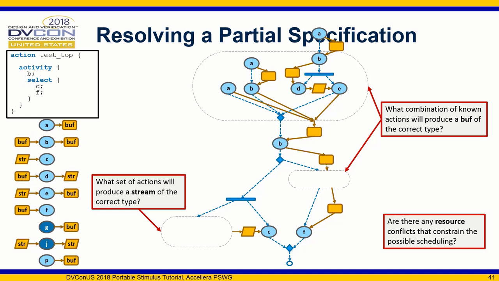So again, as complex as this might be, coming up the left-hand side of the graph, I still know what requirements there are as to how those are going to interact with the other things that I've already specified or inferred to support B. So as I pull all these things together, I have certain things that are definitely required that I've specified in my activity, and I have certain relationships between things that I might pick out based on resource contention and other things, and so I can figure out how they can relate, and I can pull them all together, one big set of solutions, and then from there I can generate my implementations.